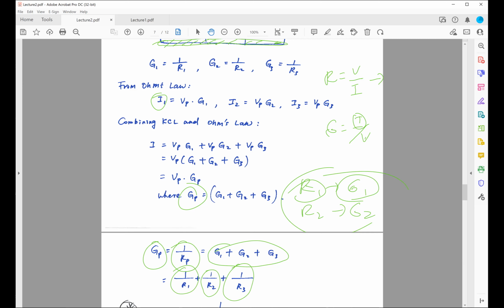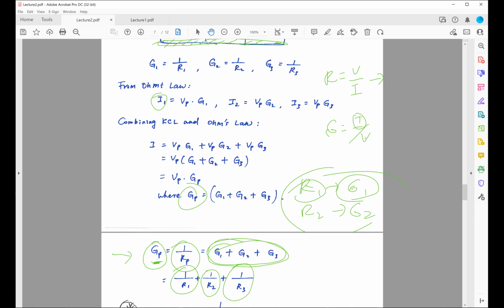So now you have this interesting result. In terms of conductance, Gp is just a simple summation. In terms of Rp, what I'm showing you here, this is not Rp, this is 1 over Rp.